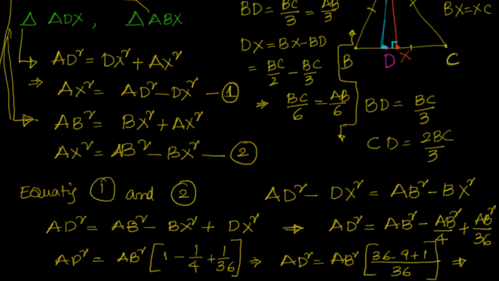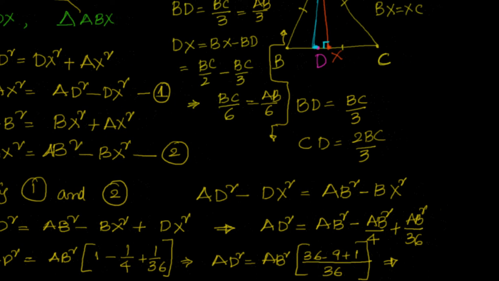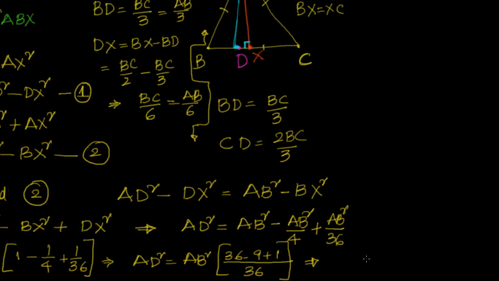This is our final step, I wish. Yes, AD square is equal to AB square into 36 minus 9 is 27 plus 1 is 28. So can I say 28 by 36? Or I can say 4 sevens, 4 nines.